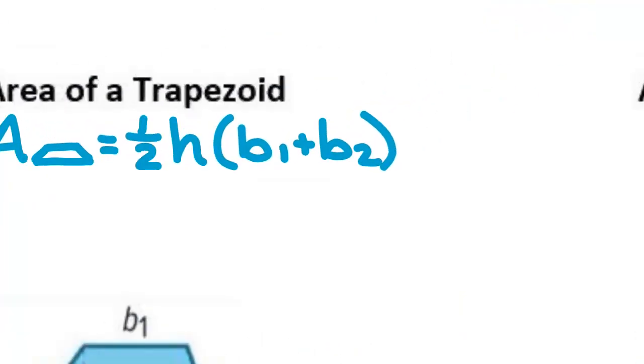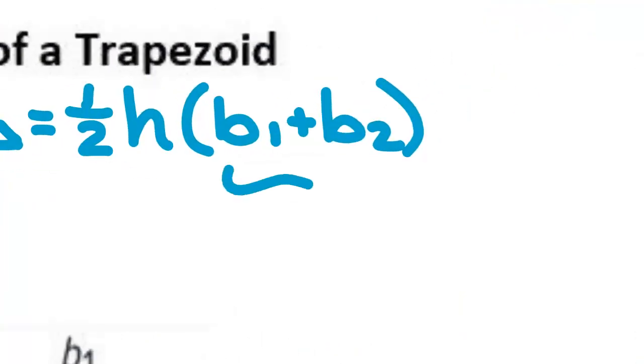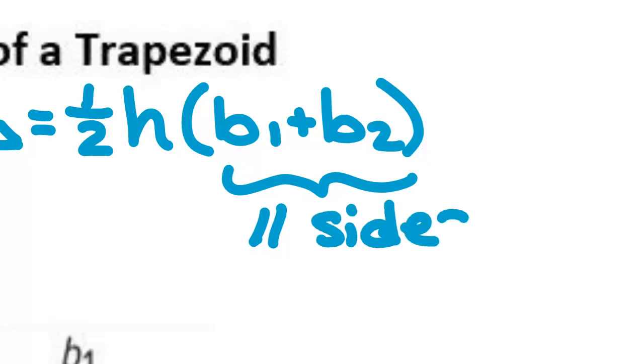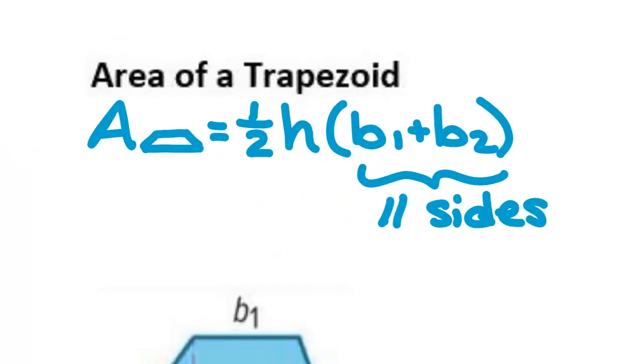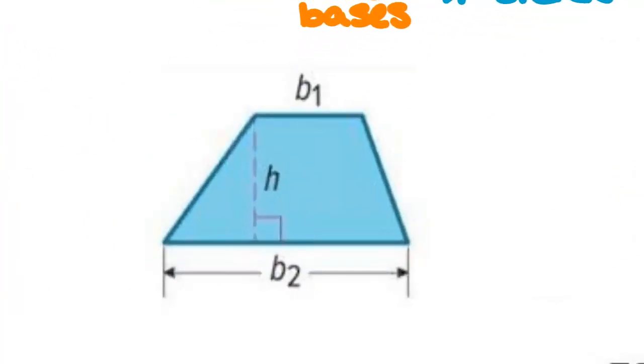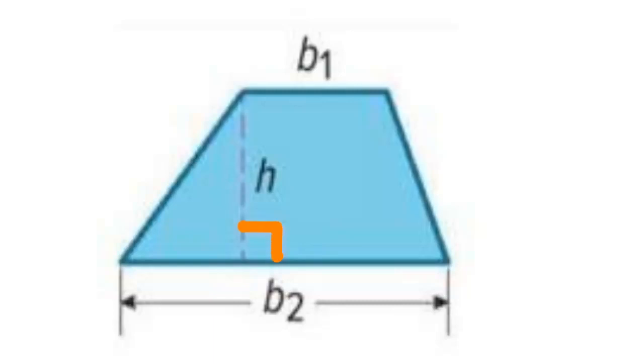The bases will be the parallel sides. And the height is perpendicular to the bases. It'll be perpendicular to both of them. They only show one right angle right here, but it is perpendicular to both of those bases.